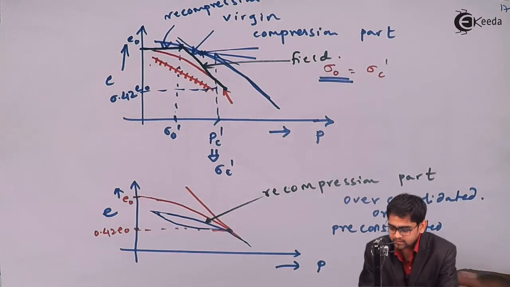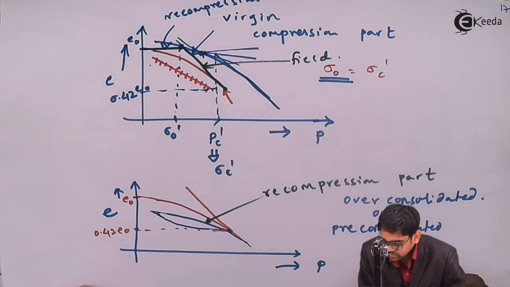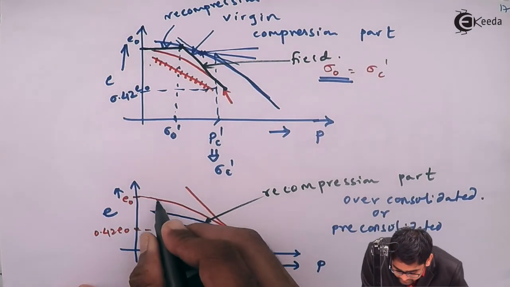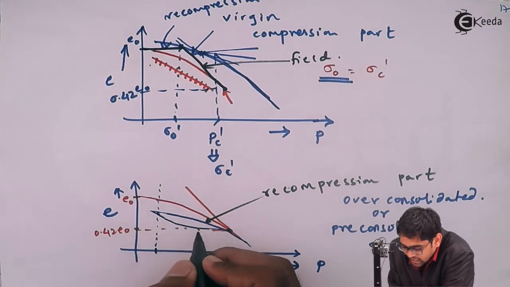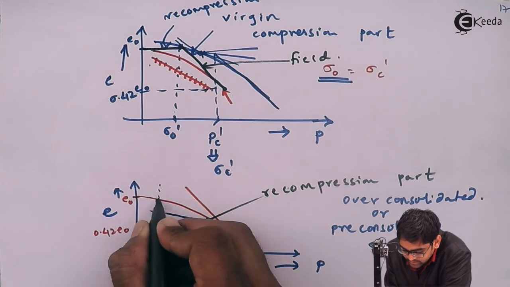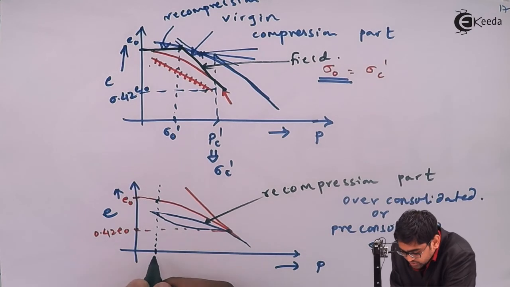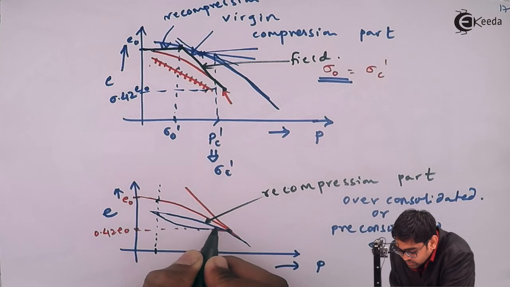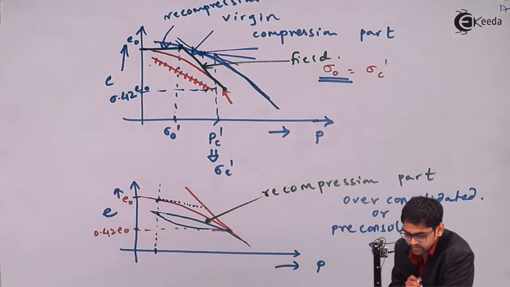Since it's an over consolidated soil, you know how much stress you are imposing now, so you need to mark this stress value and draw a line from it, parallel to the recompression part, meeting the laboratory curve.